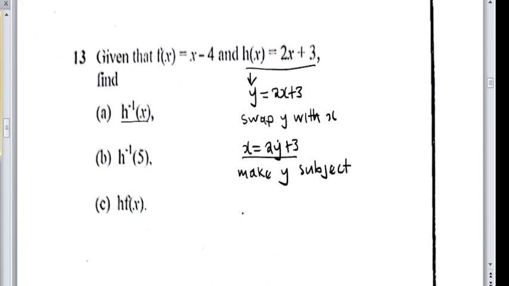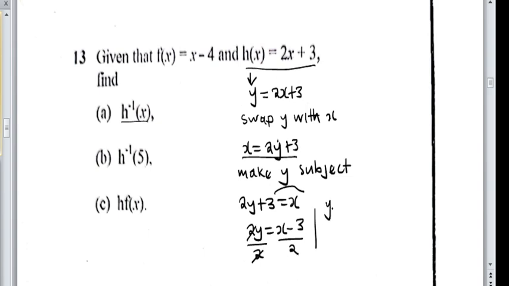So I'm going to get this. I'll write it as 2y plus 3 is equal to x. Then I'll say the 3 will cross the equal sign, so that it becomes 2y is equal to x minus 3. Then I'll say divide by 2, divide by 2, that goes, that goes.